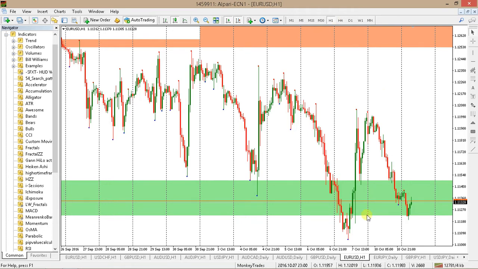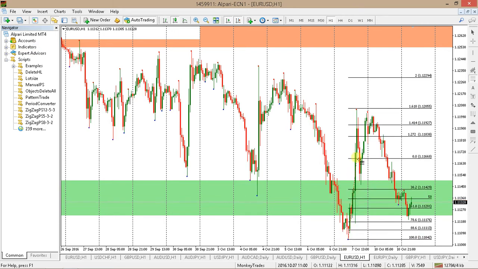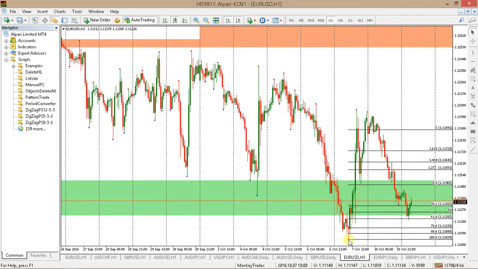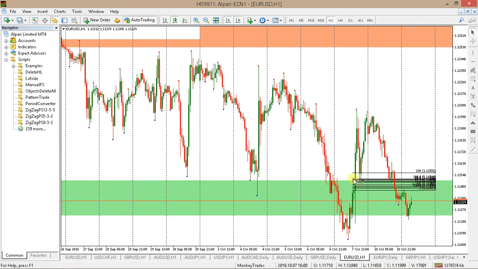Okay. Look at this wonderful formation. This formation is called a bat pattern. Let's measure that. Stretch our fibs from the first leg, and we need to have at least 50% retracement. Then we need to turn that fibs to measure the second leg, and we have 886 plus retracement.